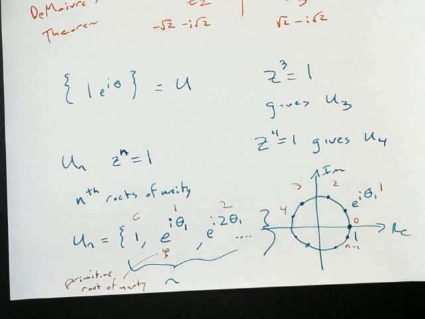So in our other example, we had three of them, right? We had 0, 120 degrees, and 240 degrees. The primitive one would be the 120 degrees, and that was the one we made 1.